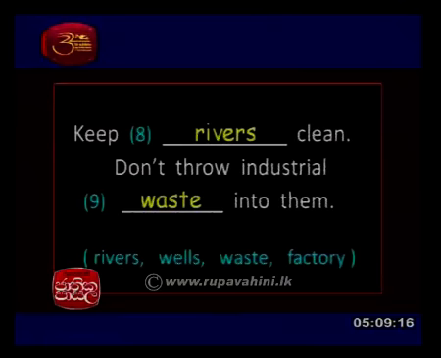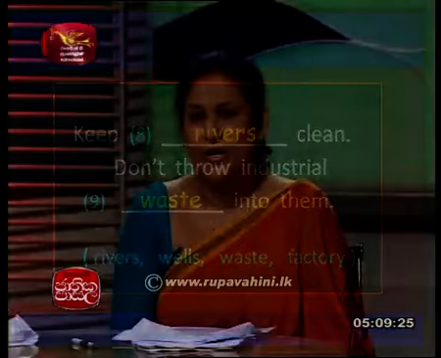Don't throw industrial waste into them. Also, from your lessons in your grade 11 textbook, you know that with the adjective industrial, the noun is waste, industrial waste. So it's easy for you to select that word as well. Let's move on to the next one.